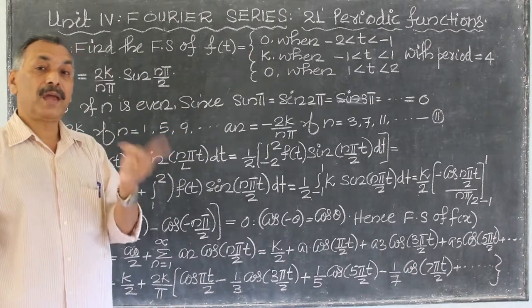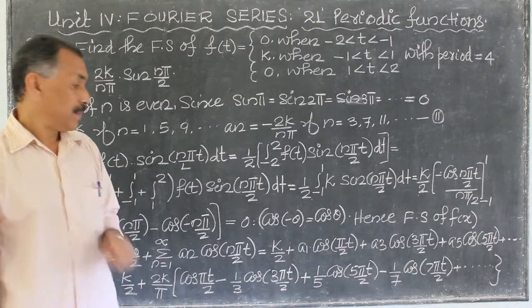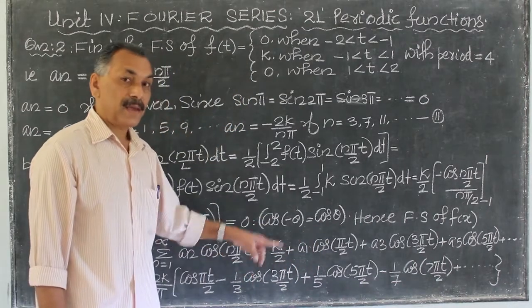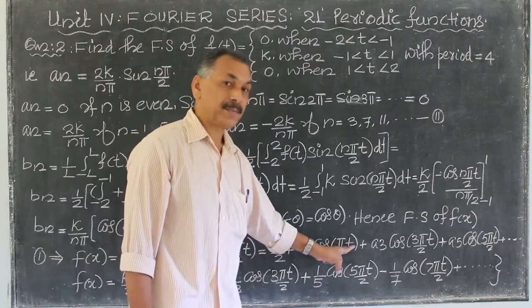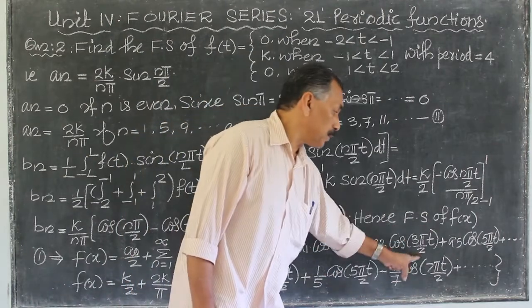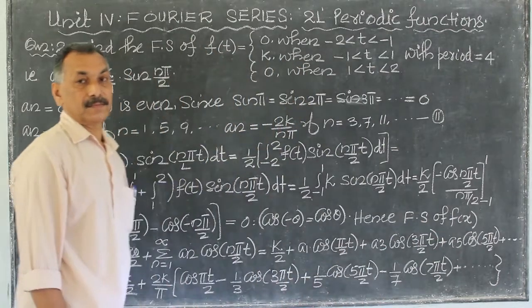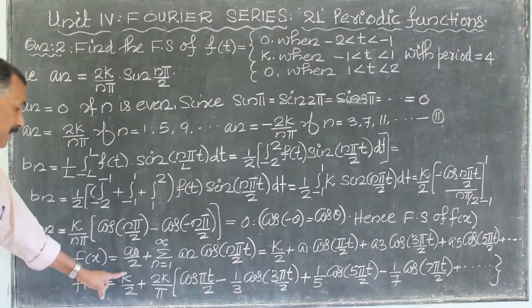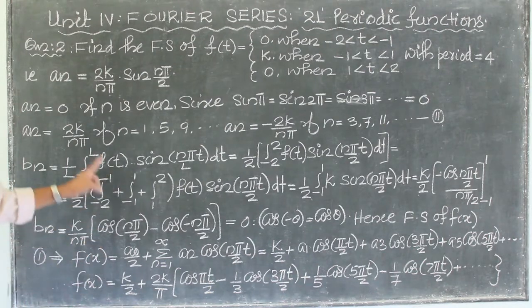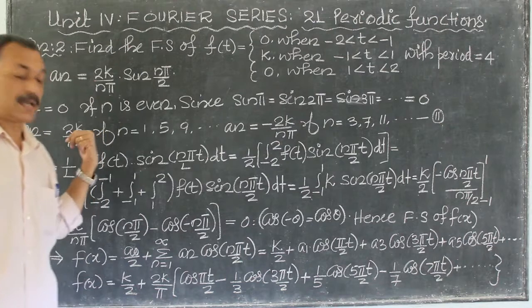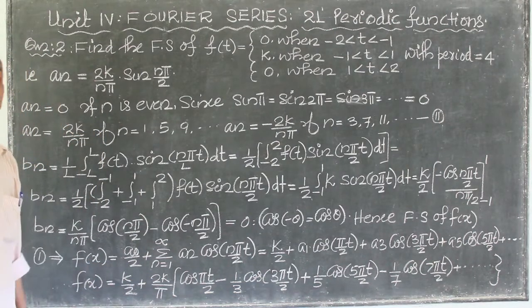Then a2, a4, a6 will not be present. Then a1 cos pi by 2 t, a3 cos 3 pi by 2 t, a5 cos 5 pi by 2 t, etc. That is equal to k by 2 plus, in both cases, 2k by pi is taken outside. That is 2k by pi.